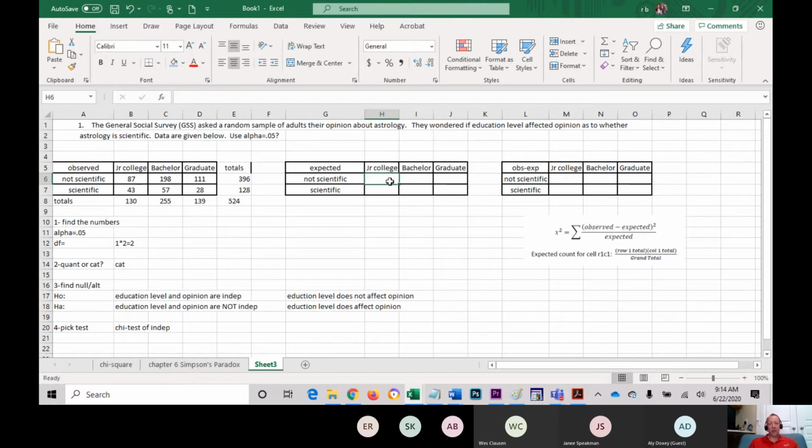Where am I on my table right now? You're in row 1, column 1. So what am I grabbing here? You'll grab the row 1 total. What value is the total of row 1? 396.